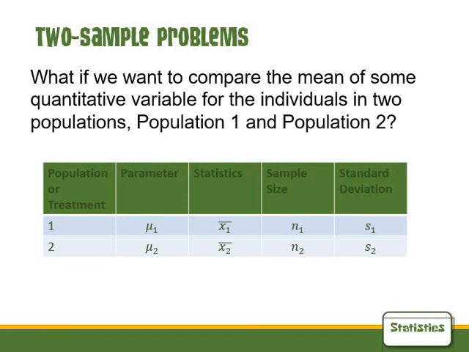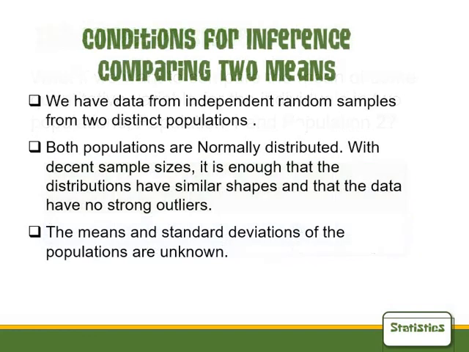So you would have what you have on a normal t-test: the parameter mu, your sample mean x bar, your sample size n, and your standard deviation s, but from two different groups, so we can put subscripts to identify which ones correspond to each group. So that's the setup that we have, and we can do hypothesis tests or confidence intervals.